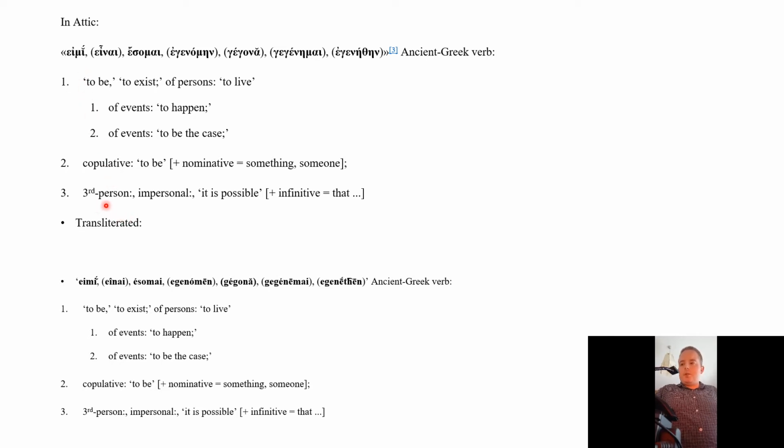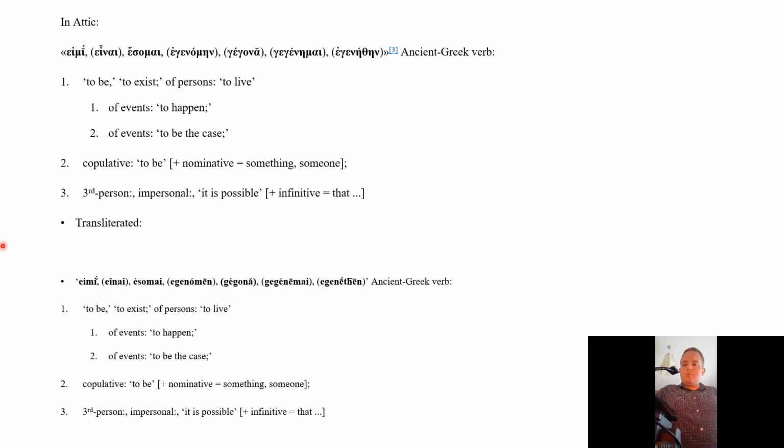So in the third person, impersonal, it can mean it is possible, plus infinitive equals that. So transliterated: eimi, einai, esomai, egenomēn, gegona, gegenēmai, egenēthēn.